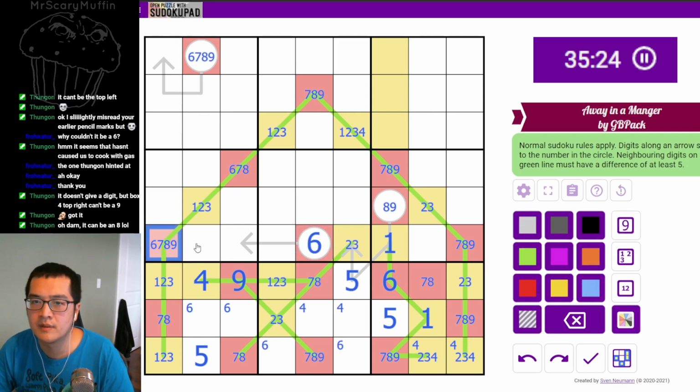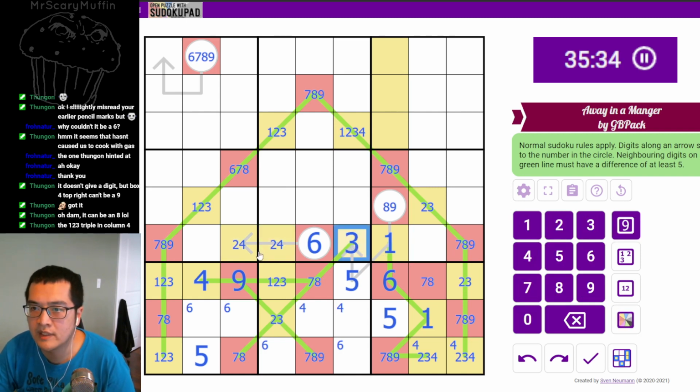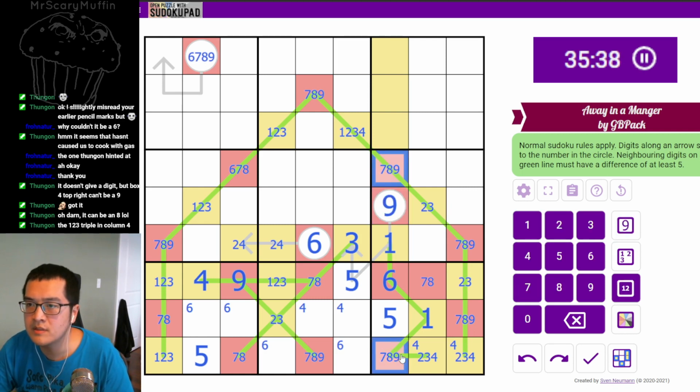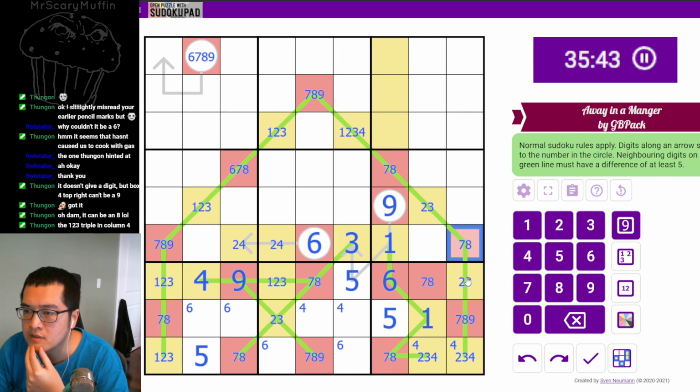That's a red number. That can't be a 6. So this must be a 2-4 pair here. That's a yellow, which means this can't be a 2 or 4, so that's a 3, which means this is a 9. And these can't be 9s. And now we may or may not be cooking with gas. Which means this can no longer be a 4.